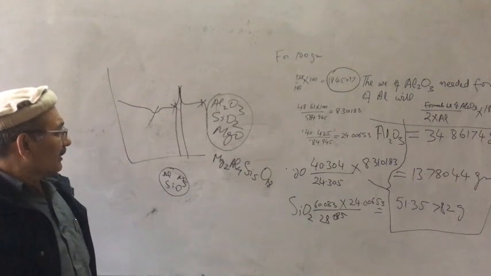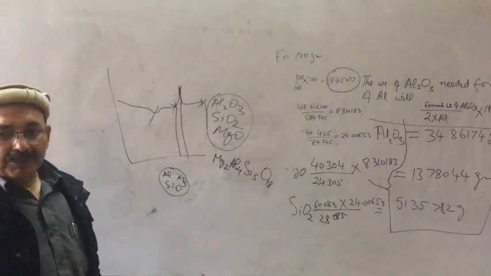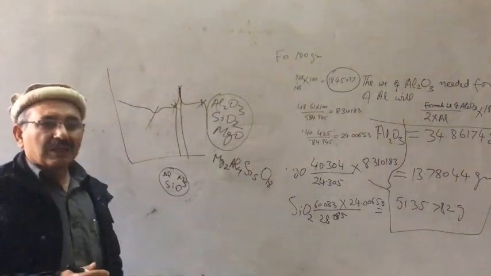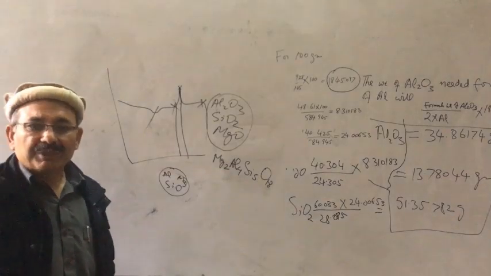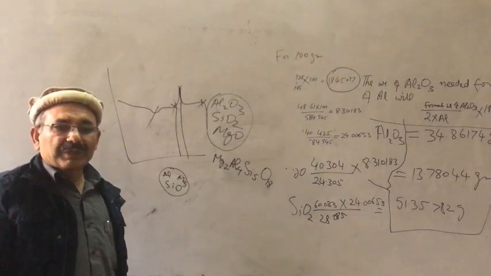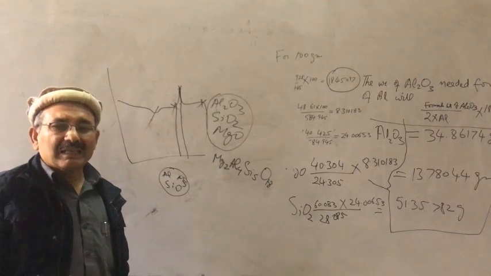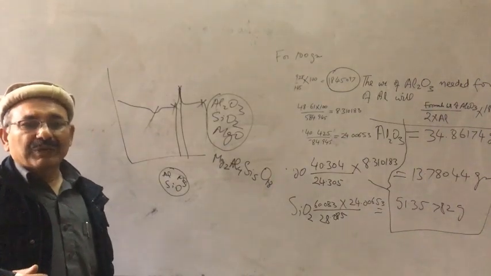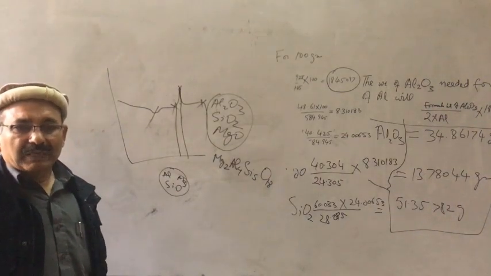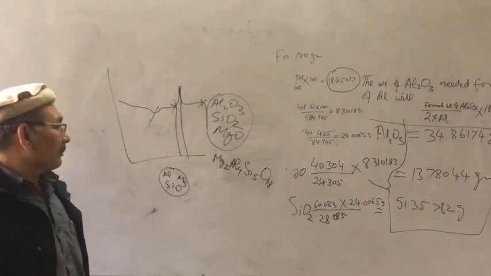But it depends upon the material, what sort of material you need. Sometimes larger grains give excellent properties because of the smaller number of grain boundaries, if the grain boundary is affecting a specific property.